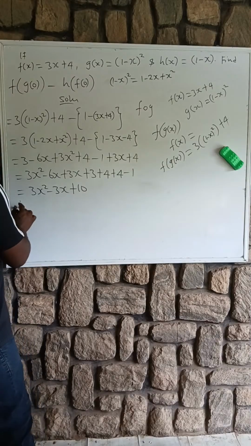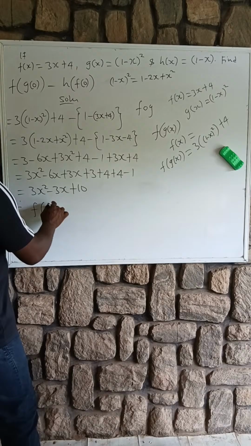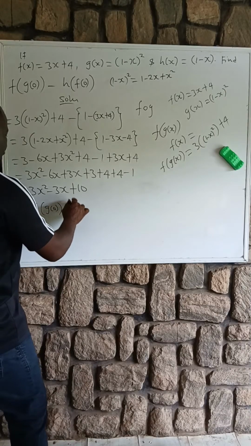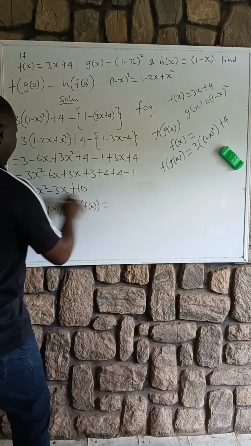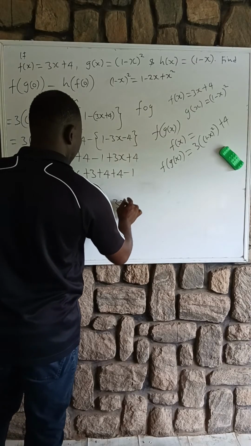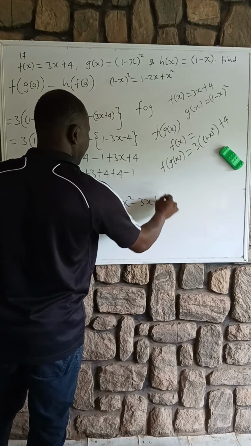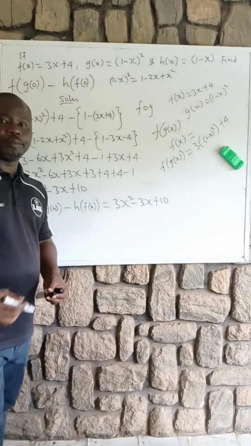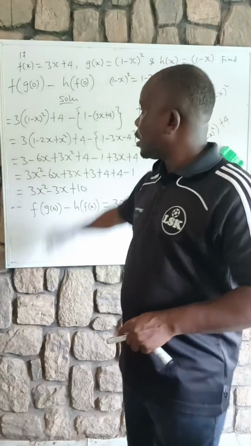So therefore, our f of g of x minus h of f of x is equals to 3x squared minus 3x plus 10. This is how you are going to solve this composite function.